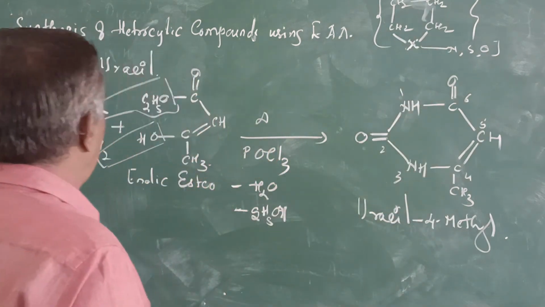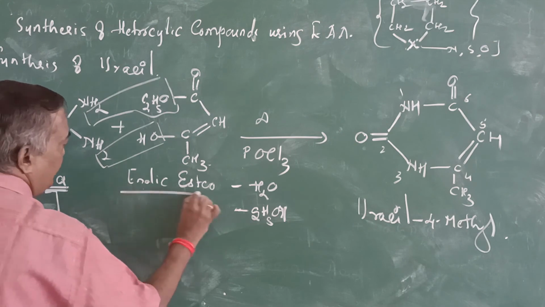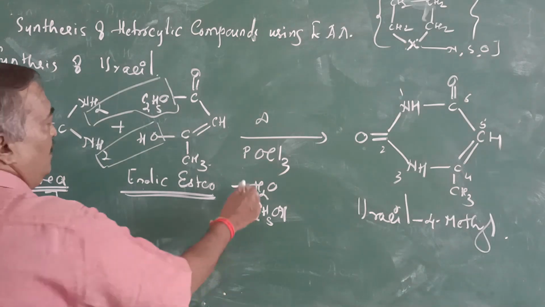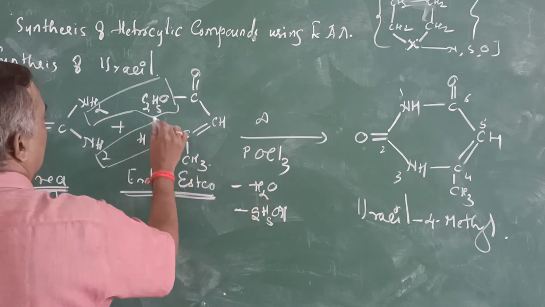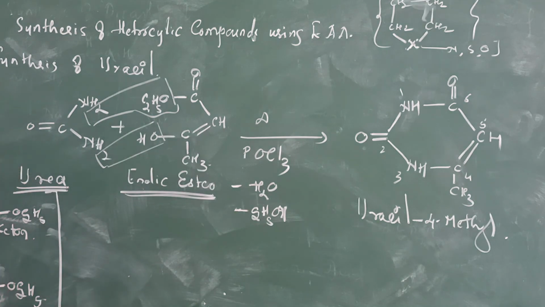So the heterocyclic compound 4-methyl uracil can be prepared just by condensation of urea with the enolic form of EAA, ethyl acetoacetate. When they are condensed and subjected to heating in presence of phosphorus oxychloride, there is a loss of a water molecule, loss of an alcohol molecule, and the condensation leads into this uracil.